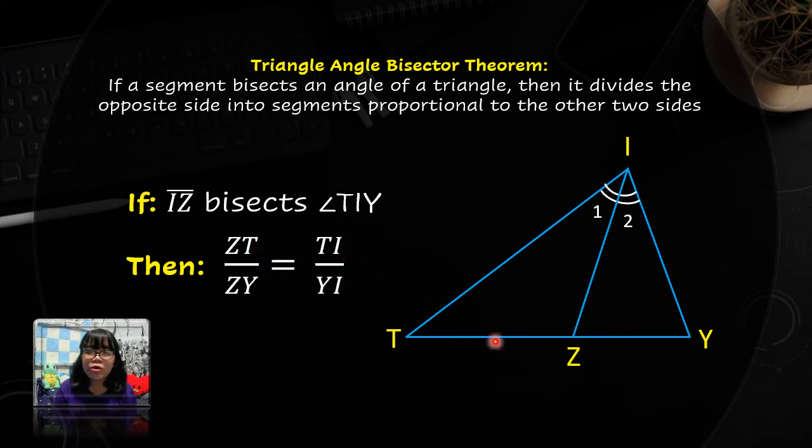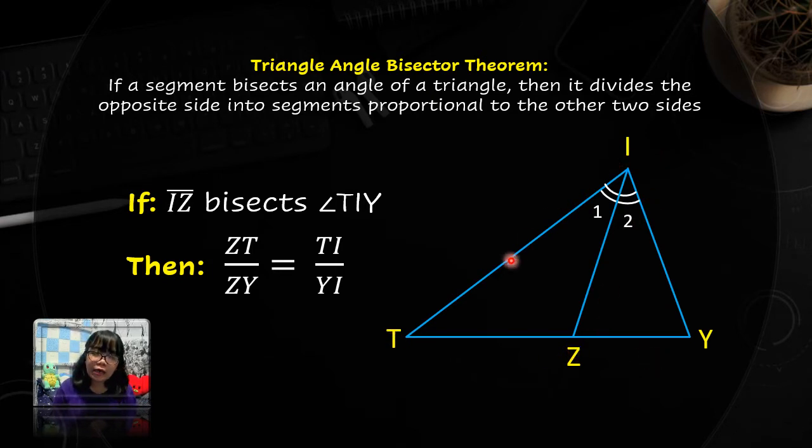Now, ZT here is one of the segments formed after this angle bisector meets the opposite side of your angle TIY. ZY is another segment formed after your IZ and your TY intersected.